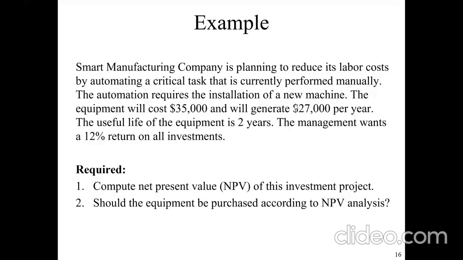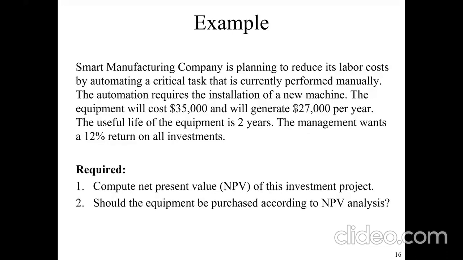So that is the initial investment they are going to make into that equipment that they want to purchase. And it will generate $27,000 per year. The lifespan of the equipment is 2 years. So that means after 2 years, it becomes obsolete. You can't make any use of it again. So you need to make all your money within the 2 years.